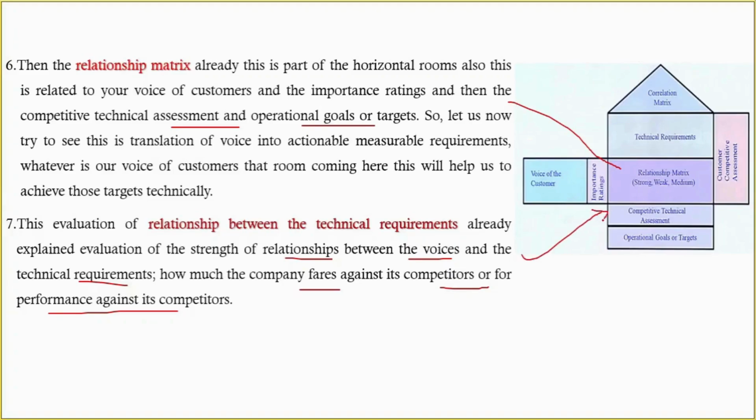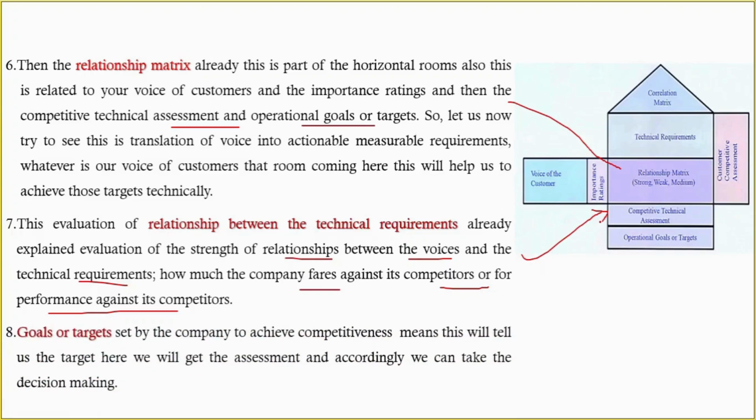Here that is the competitive technical assessment, and the last one is the goals or targets. It is the goal or targets set by the company to achieve competitiveness, meaning this will tell us the target here. We will get the assessment, and accordingly we can make decisions.